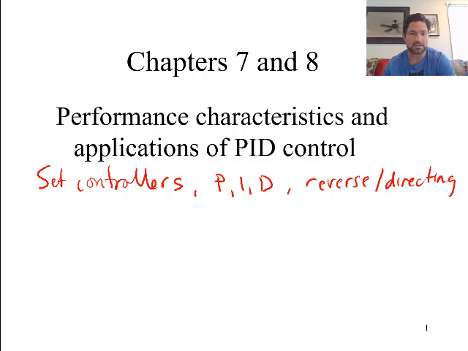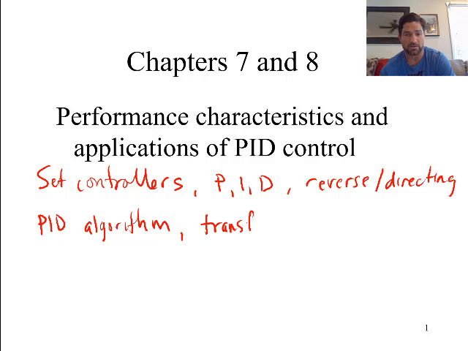In these chapters, essentially what we're going to do is introduce the PID algorithm. The PID algorithm was developed by mathematicians in order to achieve a specific type of feedback control. From the PID algorithm, we're going to derive the transfer function for the controller.